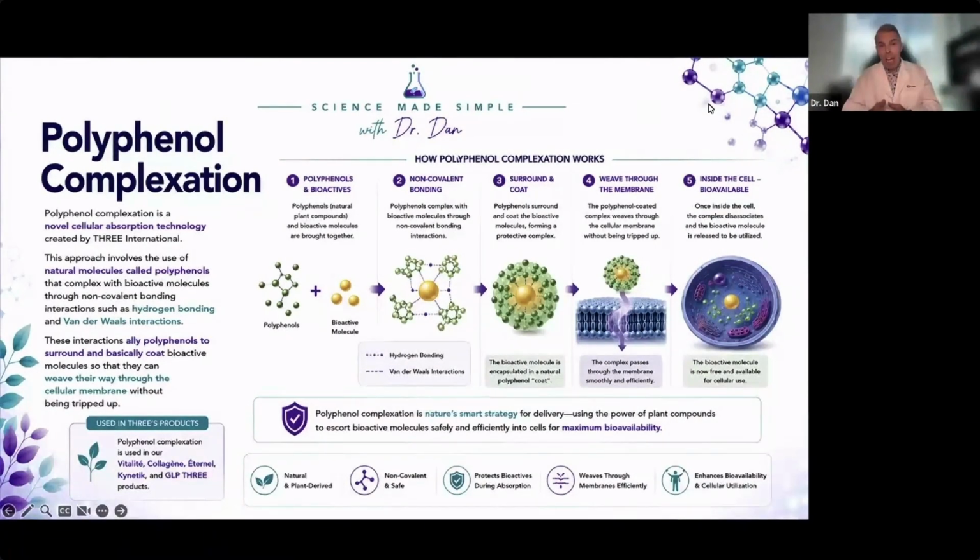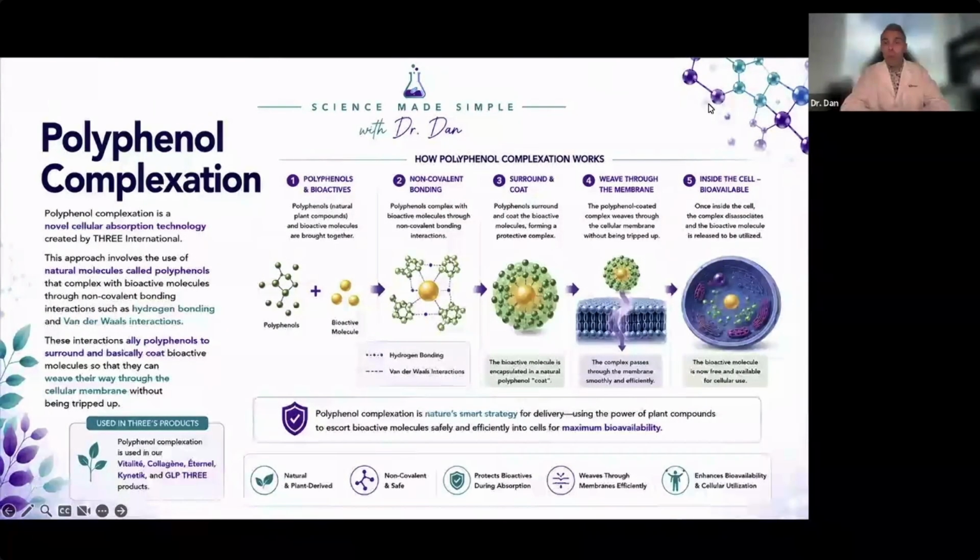And when I started formulating nutritional supplements, we found that there were polyphenols that could coat other natural molecules that were not absorbable. They do this through what we call van der Waals forces, or non-covalent bonding interactions. The great thing is these interactions are weak to begin with, but when you coat them again and again and again, it forms a pretty stable complex that can get through the cell membrane.